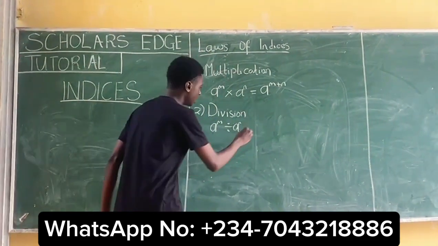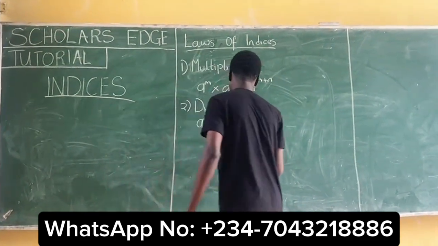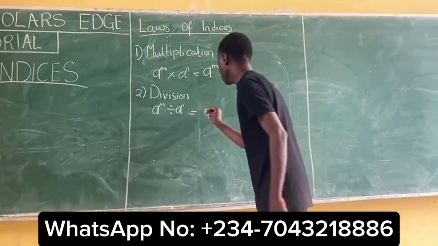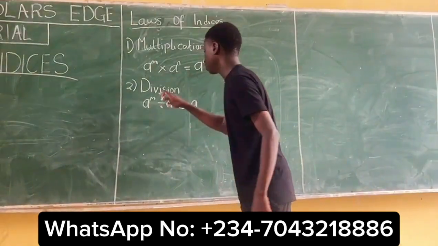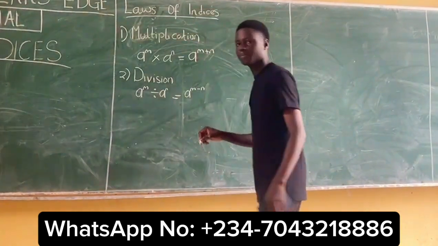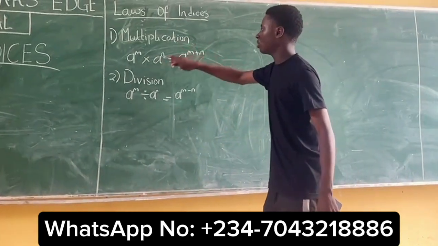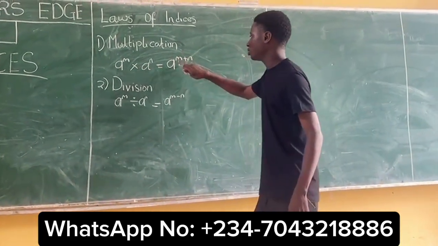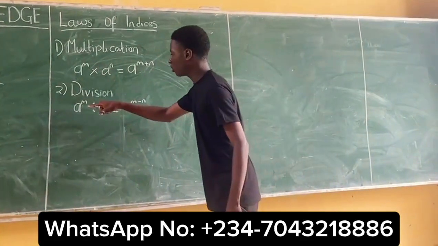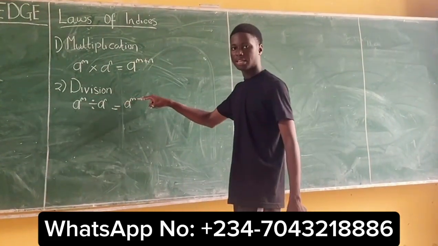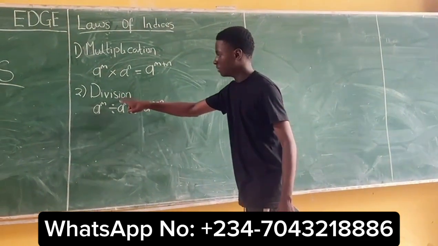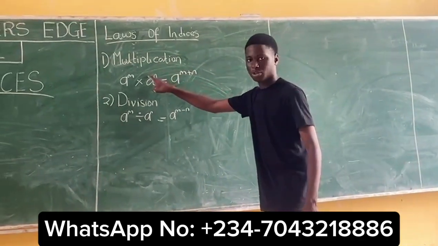First of all, you pick one of the bases, which is a, and then you subtract the powers, m minus n. So for the multiplication law, if the bases are the same, you pick one of the bases, a, and then you add the powers. For the division law, you pick one of the bases and then you subtract the powers. Subtraction for division law, addition for multiplication law.